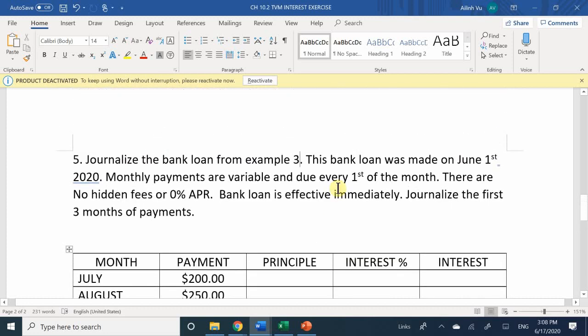This bank loan was made on June 1st of 2020. Monthly payments are variable and due every first of the month. There are no hidden fees or 0% annual APR. Okay, you don't get any relief, meaning that this bank loan is effective immediately. So you need to pay back as soon as the first month is over.